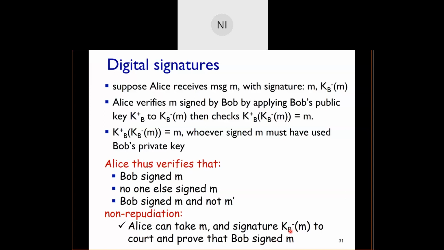That is because only Bob has his private key, and everybody, including the lawyers, knows Bob's public key. By applying Bob's public key on this signed message, everybody can find out the plaintext and check it against the plaintext that is there. If both match, it means it was indeed sent by Bob, because only Bob has his own private key, nobody else.